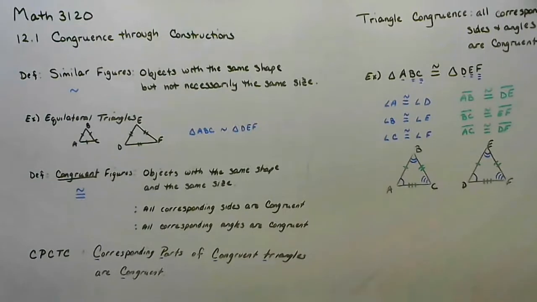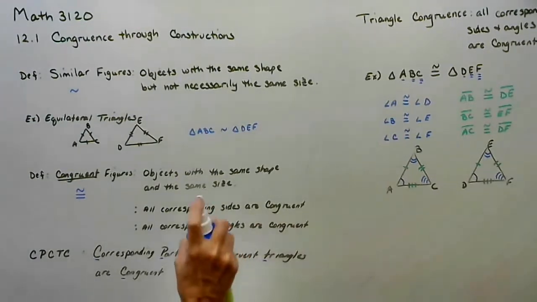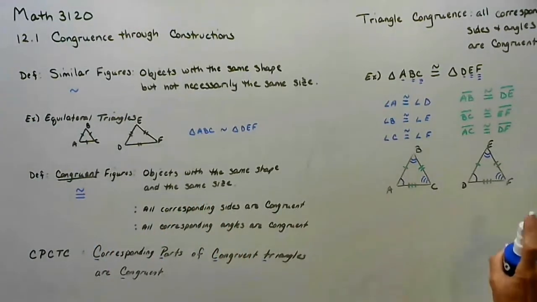So now what I want to do is look at a couple of theorems in particular that talk about how you can tell two triangles are considered congruent. So we're going to look at two of them today, and then we're going to look at some others a little bit later on. So the first two, you might remember if you took high school geometry.